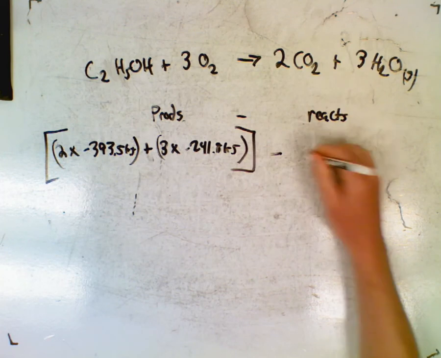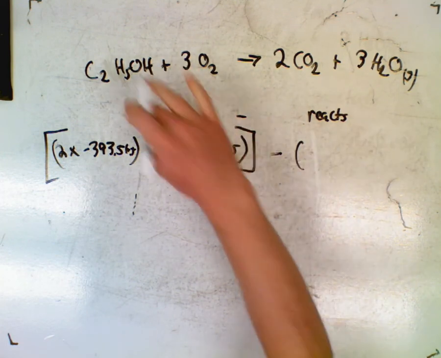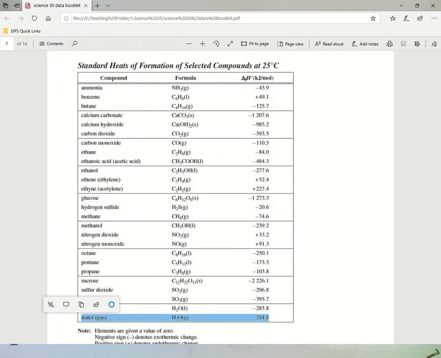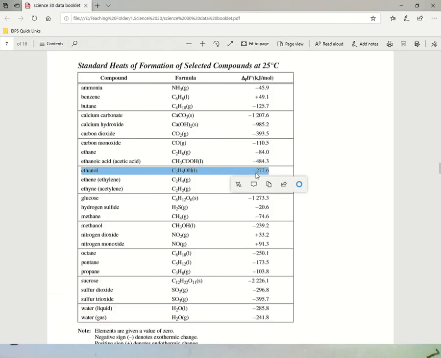We're going to subtract our reactants. So we have this, which is ethanol. So we'll have to look up that. If we look up ethanol, here it is right there. It's negative 277.6. And then there's one of them because nothing is shown there.